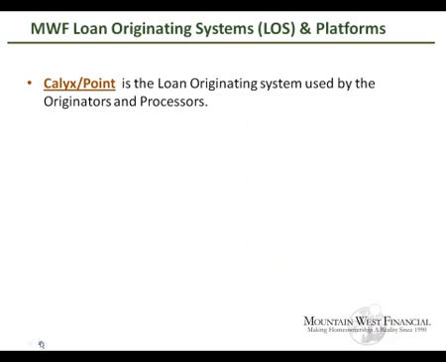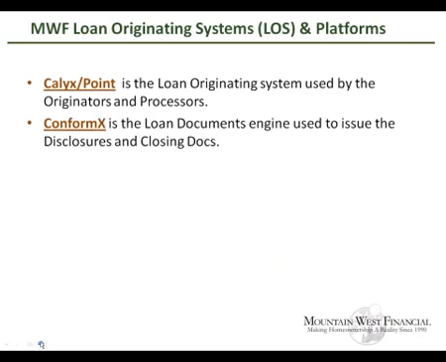Now this is the time to introduce you to Mountain West loan originating systems and platforms used at Mountain West. Galaxy Point is the loan originating system used by the originators and processors here at Mountain West Retail. Conformix is the loan document engine used to issue the disclosures and closing docs.